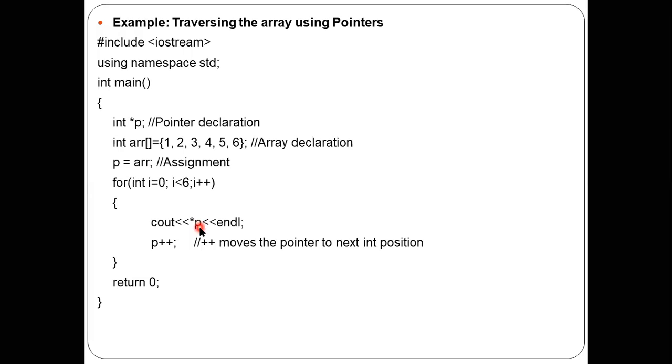Here, instead of a regular array print, we take a temporary variable, and with that the array is traversed. So what is the difference between incrementing this variable and incrementing this pointer?